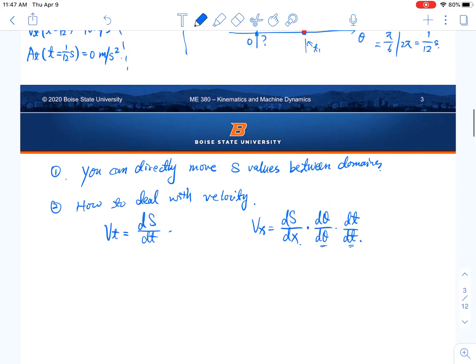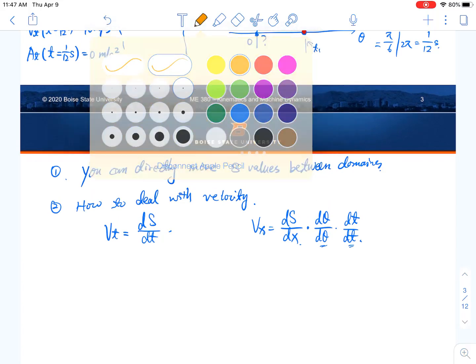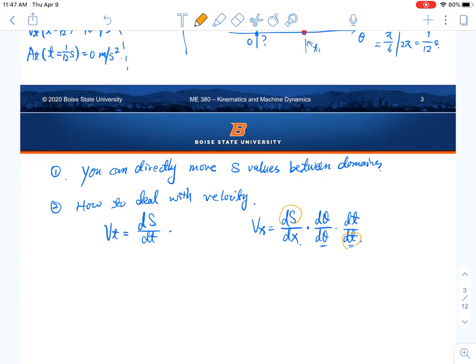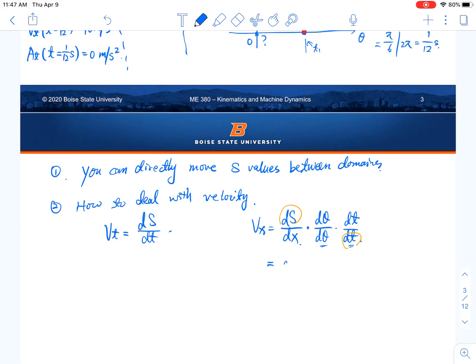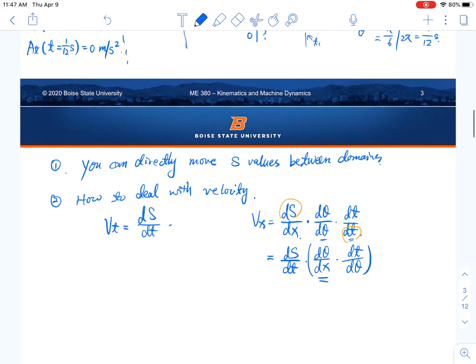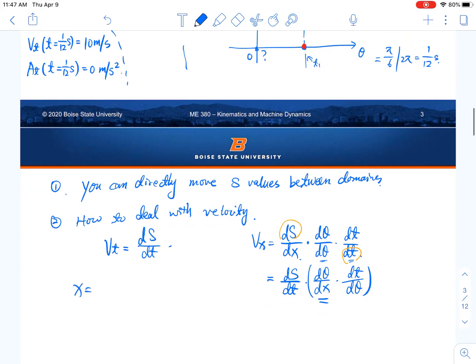But then things become tricky. So ds dt, that's what we want, right? So you can move them in front, your ds dt. And then what else you have? You have your d theta dx and dt d theta. Let's look at what these are. So again, your x is theta minus theta naught over beta.